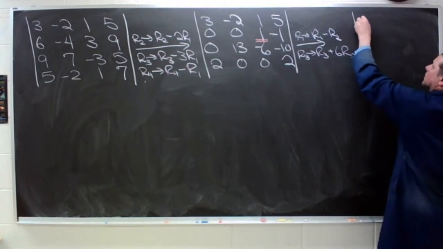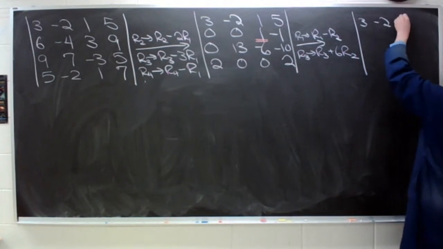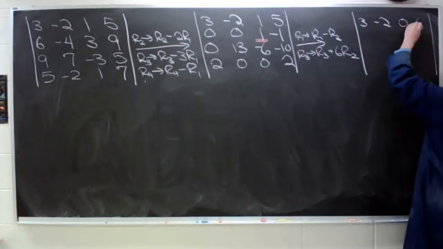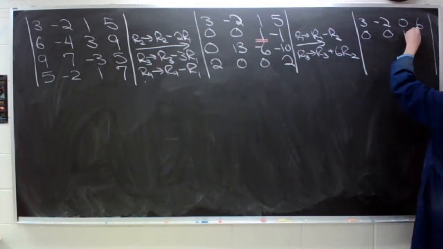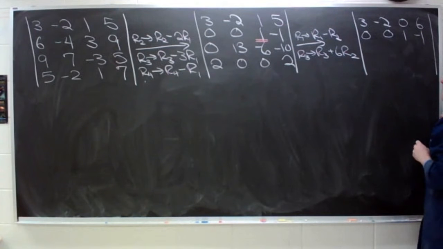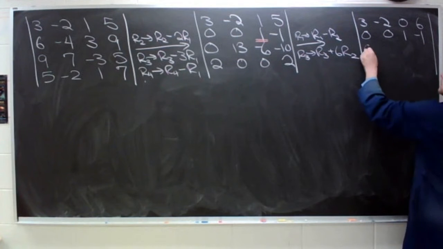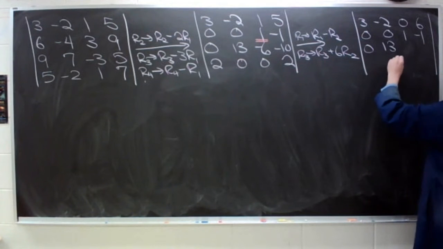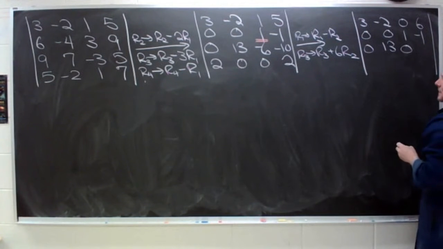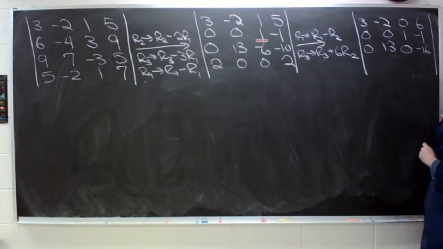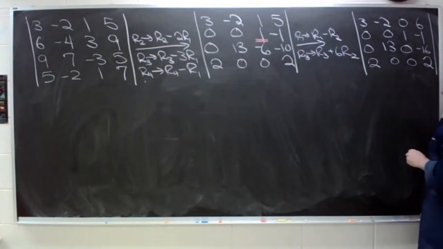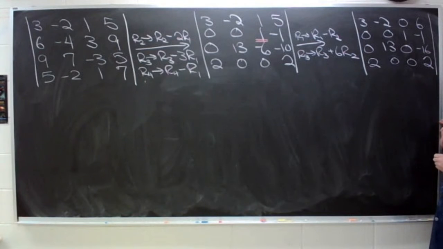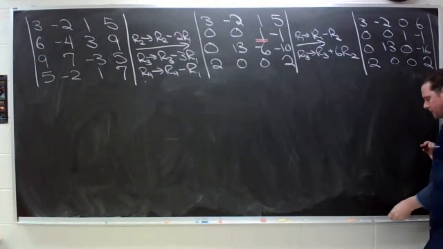Row 2 stays the same. So row 3 will be negative 16, and then 2, 0, 0, 2.